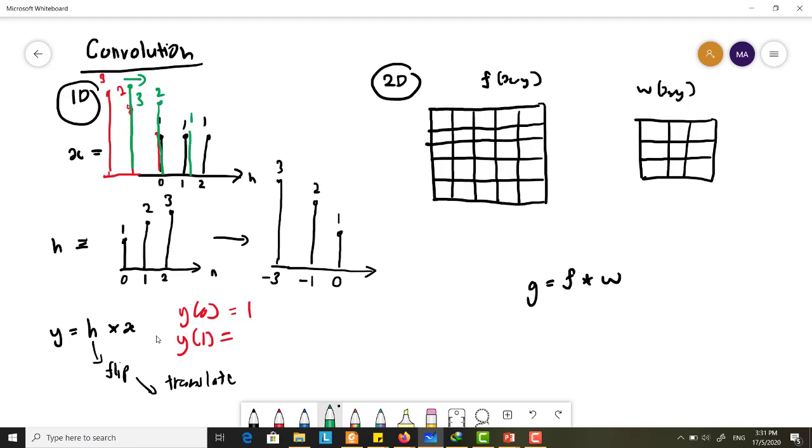You have two values overlapping. The product of the rest is 0, while the products of these two are non-zero: this one is 1, and this one is 2 times 1, so it means 2 plus 1 because of the summation. Remember the summation makes it plus, so it becomes 3.